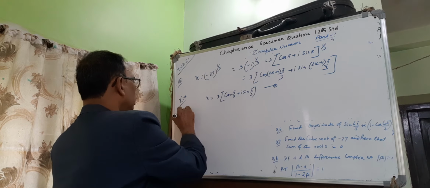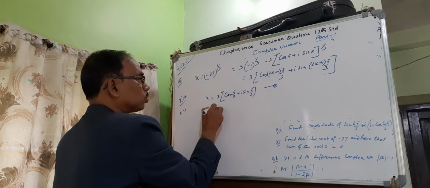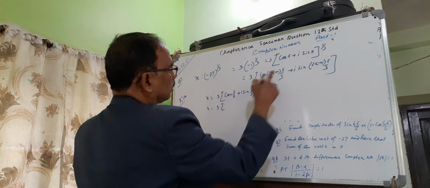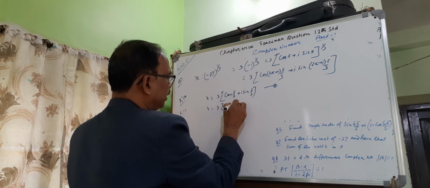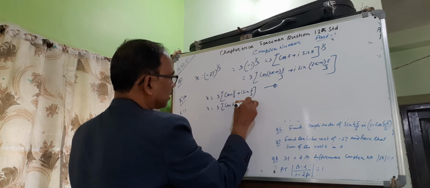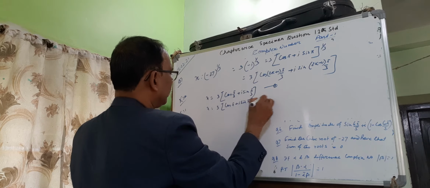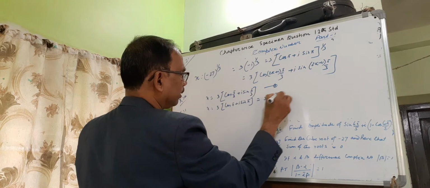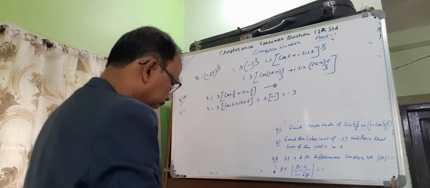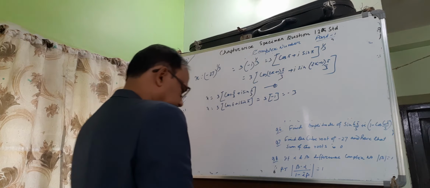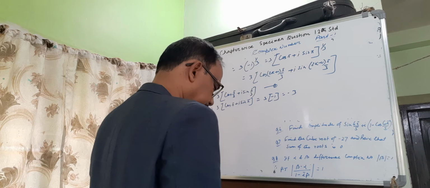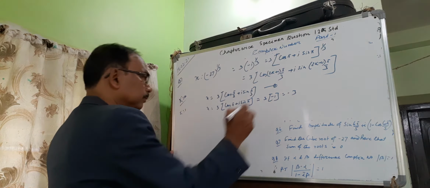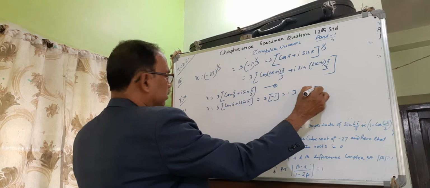Putting k = 1, then x = 3 [cos π + i sin π], that is 3 into −1, that is −3. This is the second root.